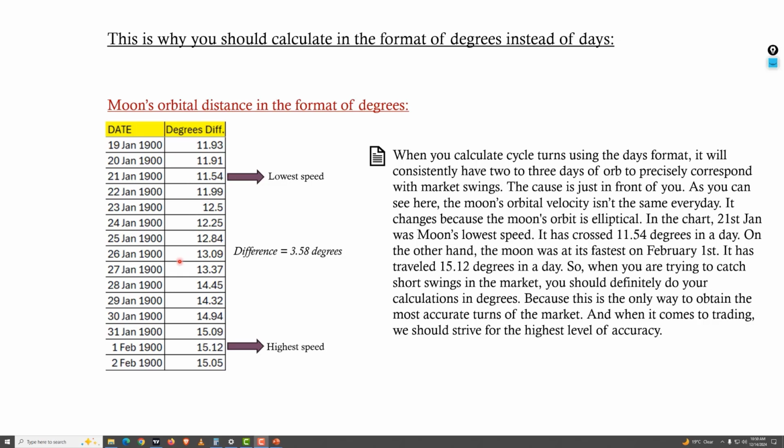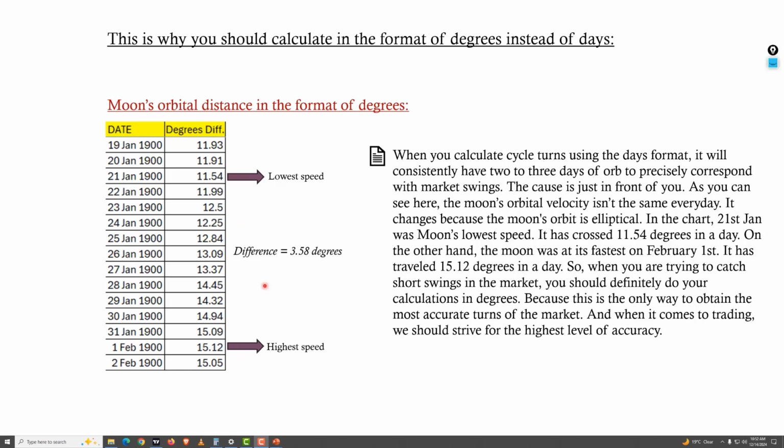On the other hand, the moon was at its fastest on 1st February of 1900. It has traveled 15.12 degrees in a day. We have just seen the moon has increased its speed by 3.58 degrees within just 2 weeks.